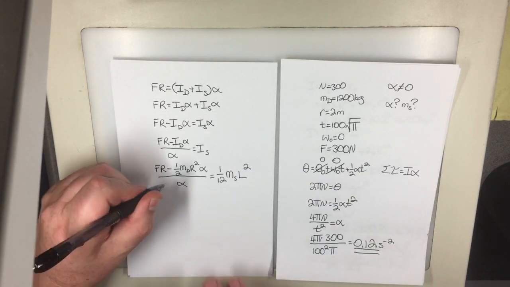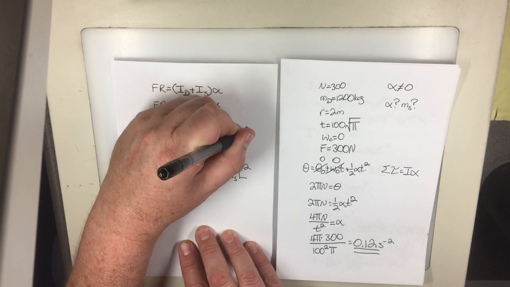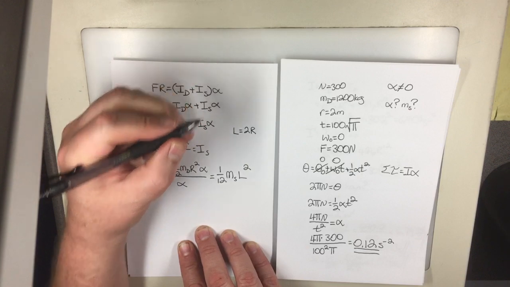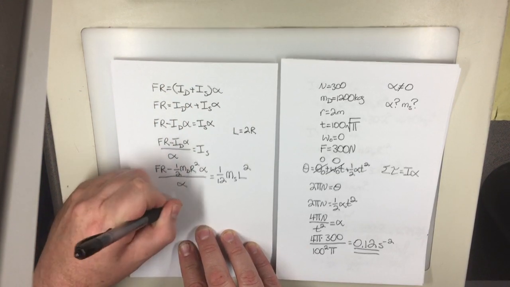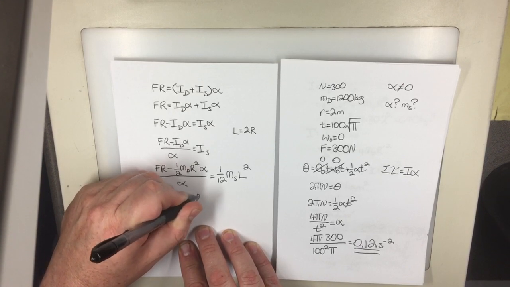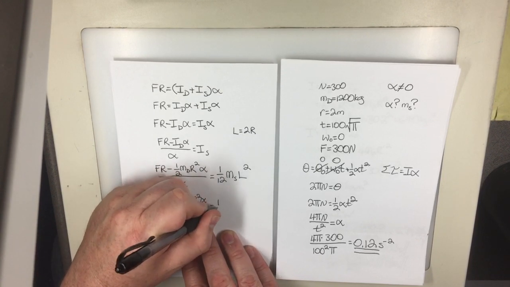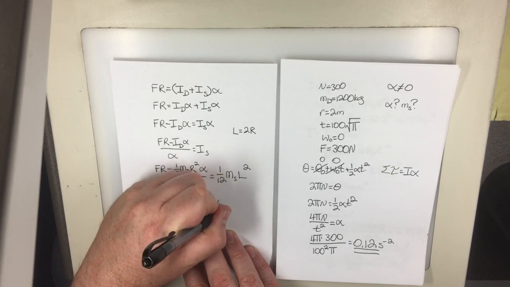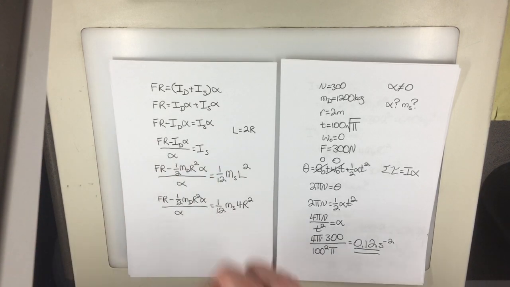So I'm looking for the mass of the stick. I know that L is 2R. So this is Fr minus 1/2 m_d r squared alpha, over alpha, over 1/12 m_s 4r squared.